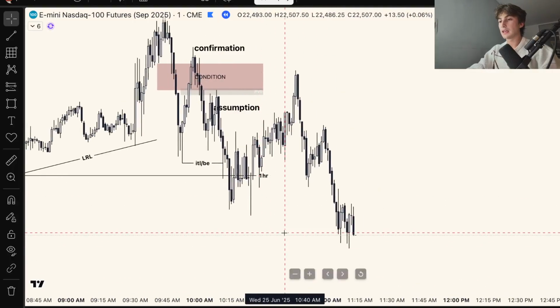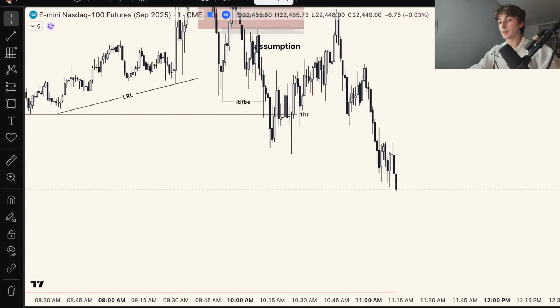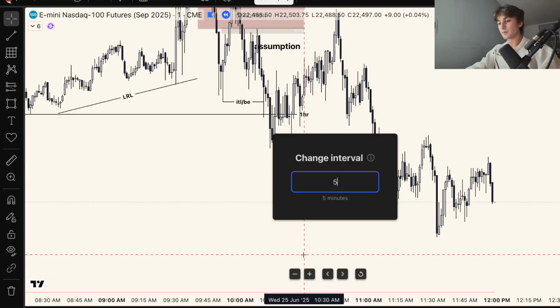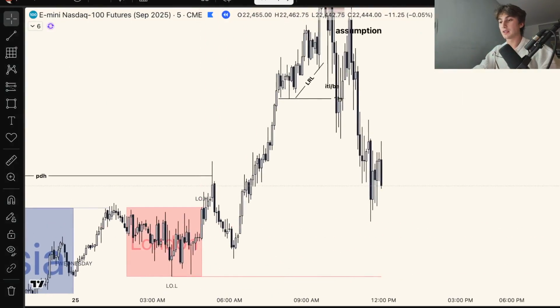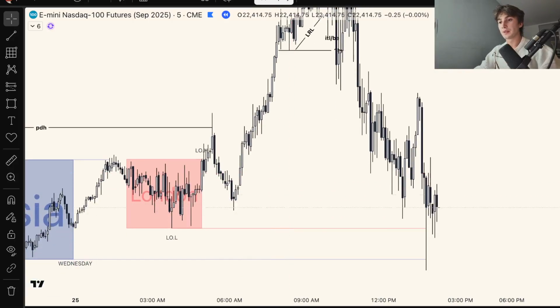All right. Now we see this happening realistically all the time. And you guys will start to take notice of this. So we can go to practically any other day and show you how powerful those 5 minutes are, because they really tell you whether or not price wants to keep trending higher or lower.